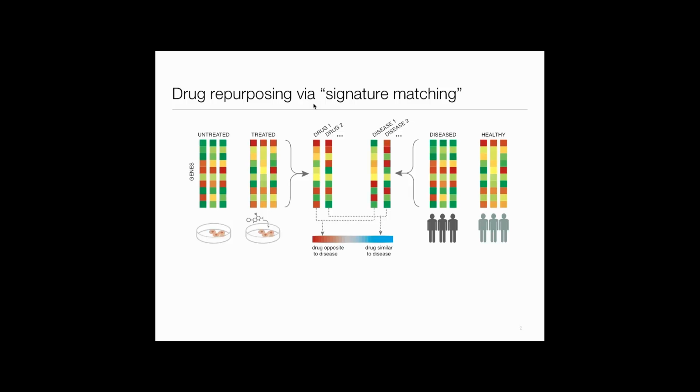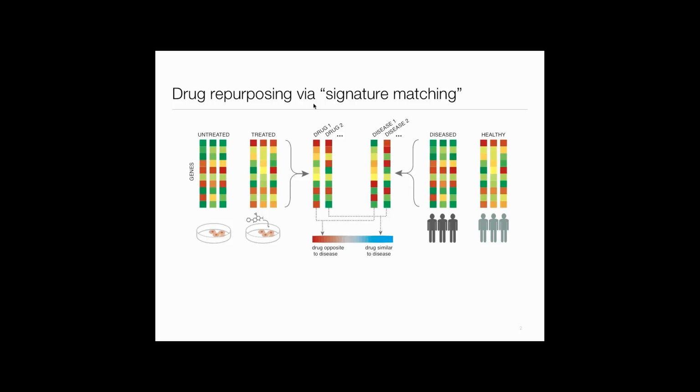And the idea of signature matching, which was originated by the Broad Institute 10 years ago, is to basically play this game of matchmaker, where you can compare any pairwise combination of a drug and a disease by looking at their expression profiles.